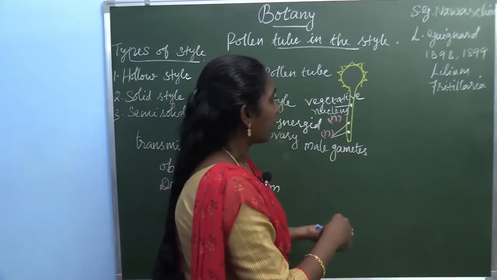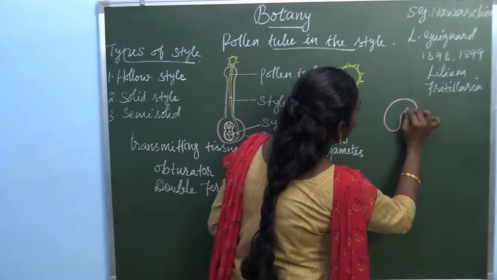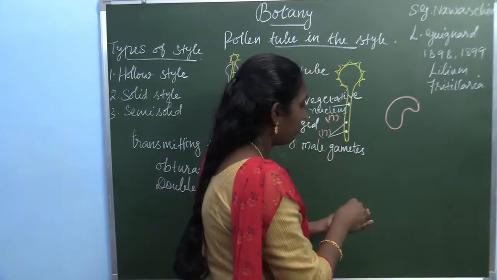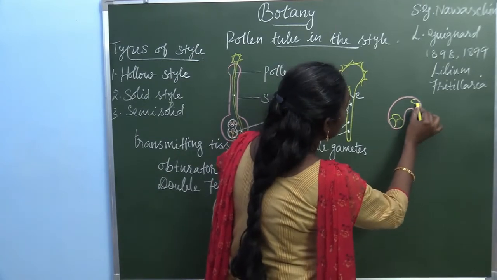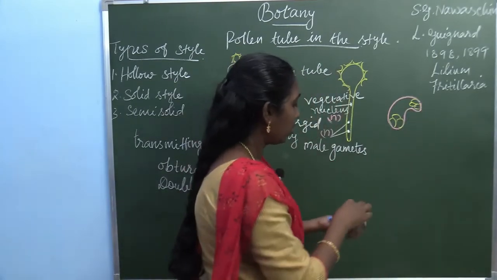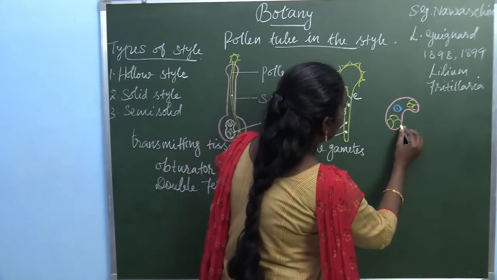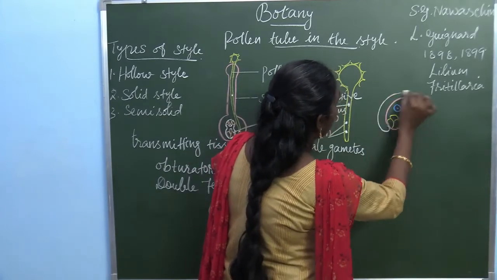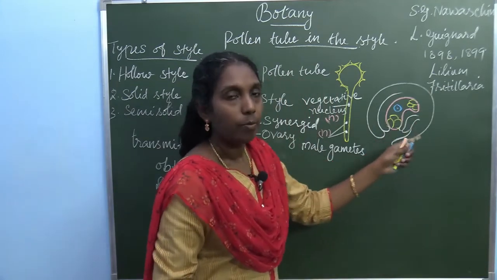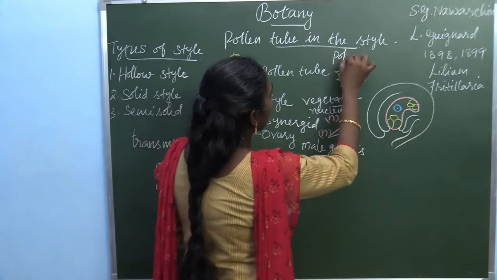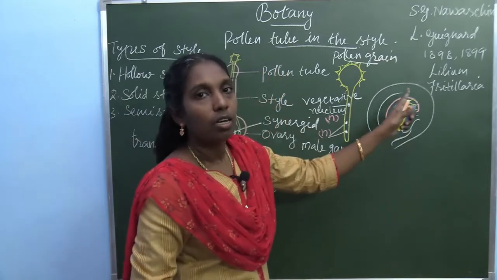Then the embryo sac, which contains synergids, antipodals and polar nuclei. This is the embryo sac. This is the pollen grain, and this is the ovule.